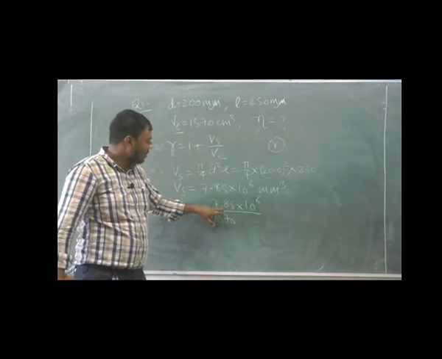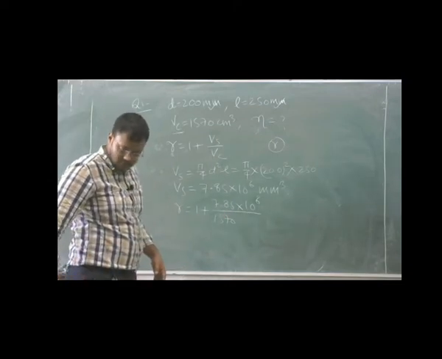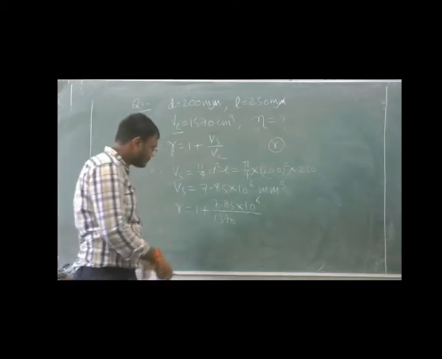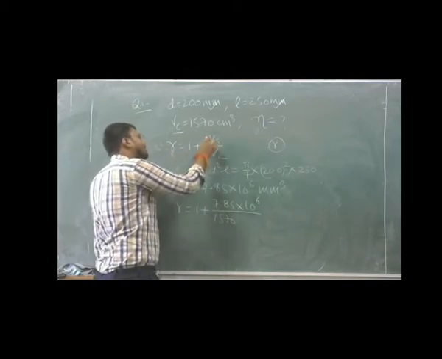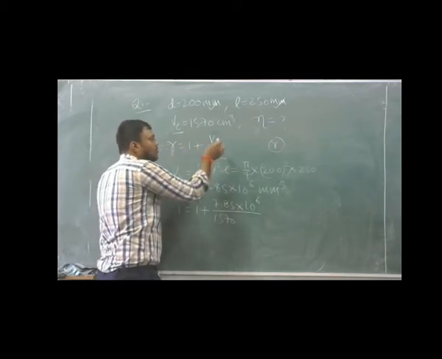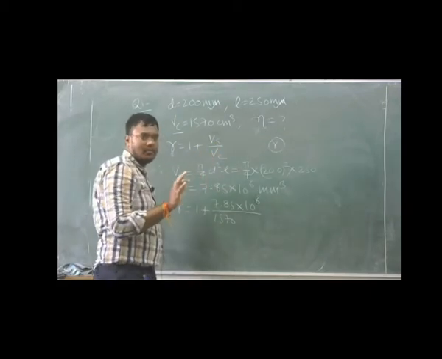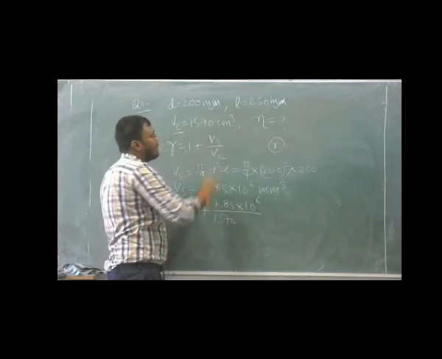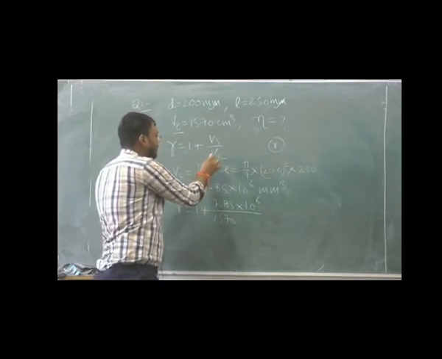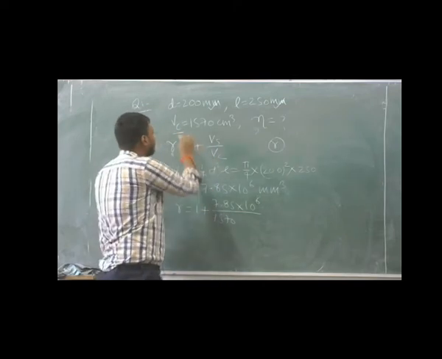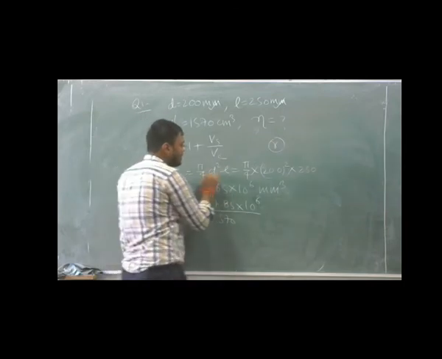We are doing it in a wrong way, because we are not taking care of the units. In the formula 1 plus Vs by Vc is a ratio, so the unit of both terms Vs and Vc should be the same. If Vs is in mm cube, then Vc should also be in mm cube. But Vc is given in centimeter cube, not in mm cube, and Vs is in mm cube.